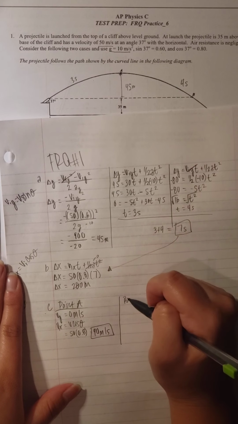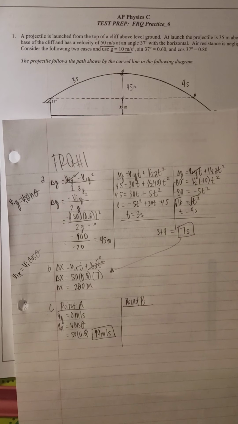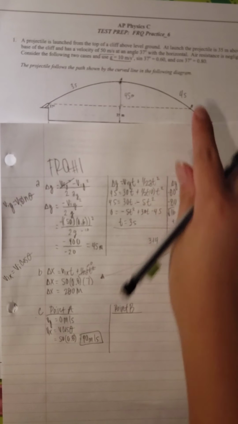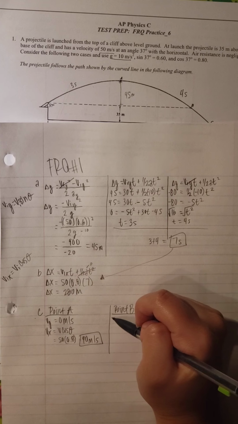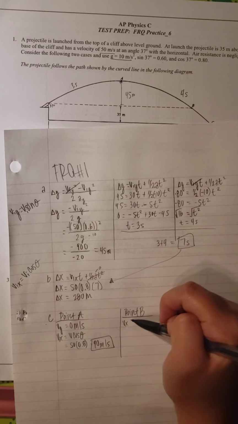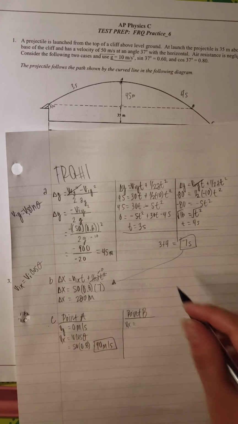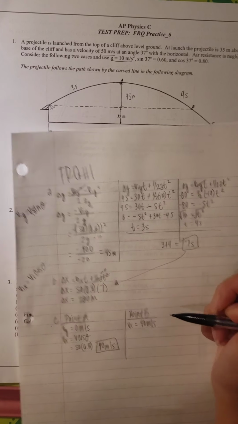Okay, point B is right here. We know there is no acceleration in the x direction, so Vx stays the same throughout. So at point B, it's going to be 40.